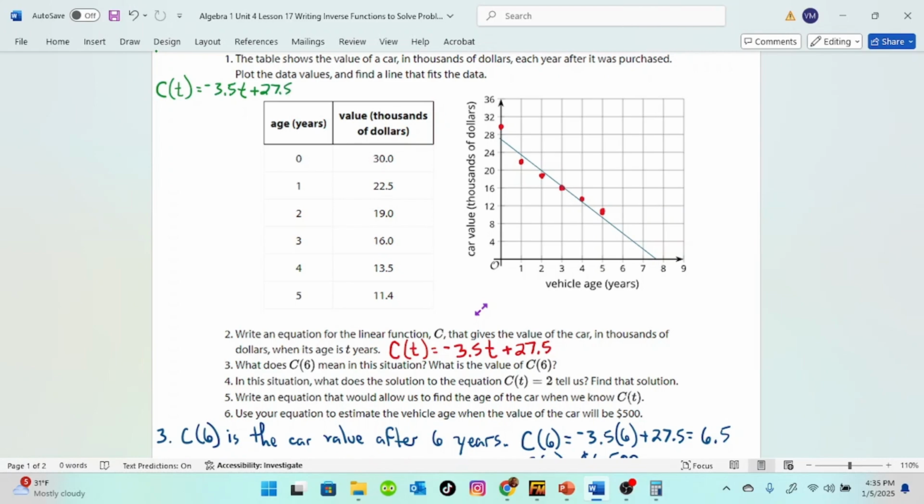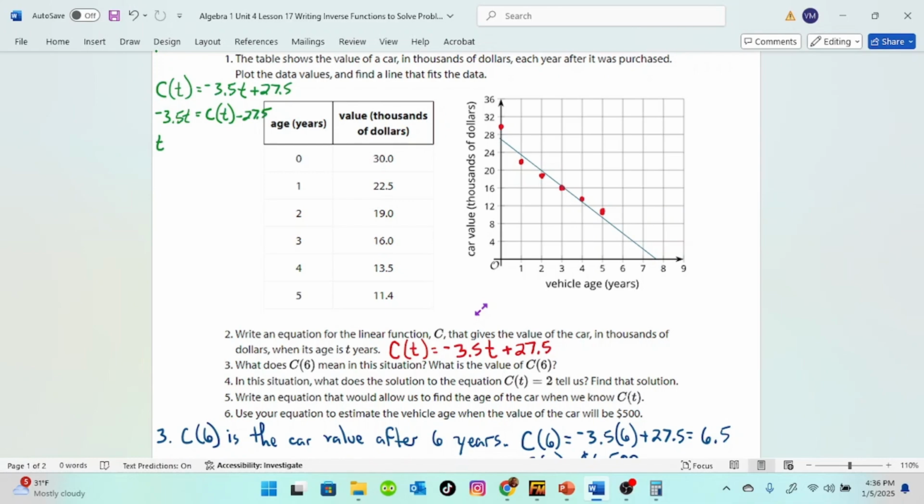Now, we're going to subtract 27.5 from both sides. Now we have negative 3.5t equals c of t minus 27.5. And the last thing we need to do is divide both sides by negative 3.5.